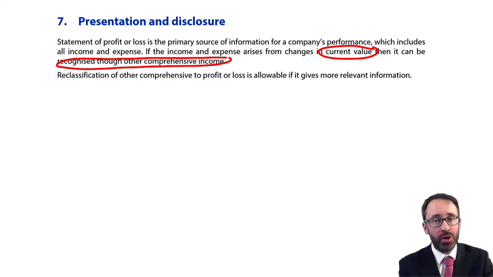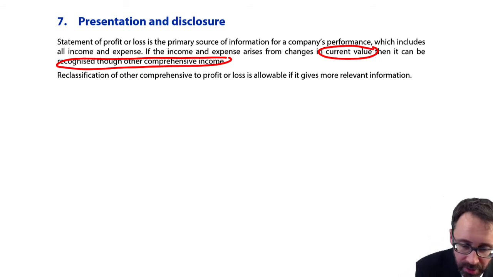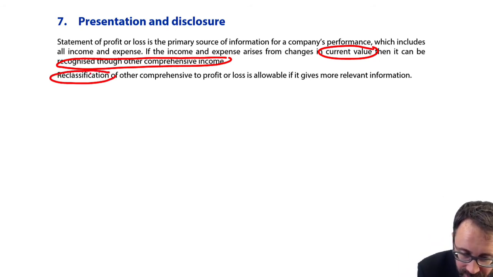You will see other changes go through other comprehensive income when we get to financial instruments and look at the change in value of your financial assets, particularly your equity investments, where the changes can go through either profit or loss or other comprehensive income. But hold that thought for now. It also then goes on to briefly mention reclassification.